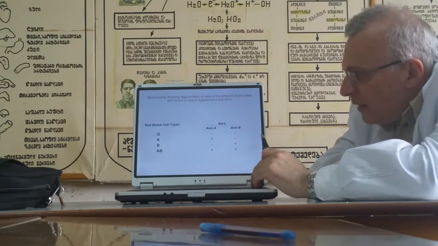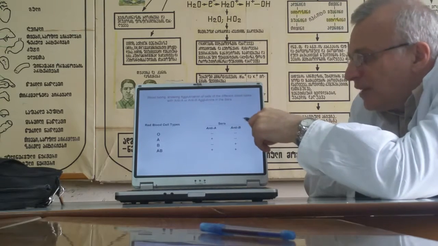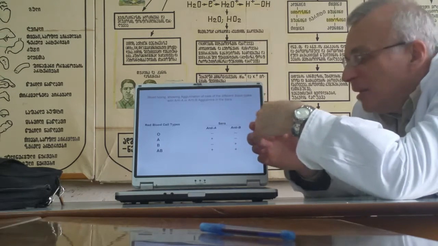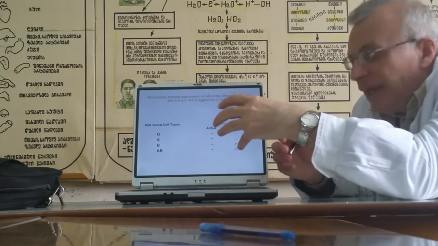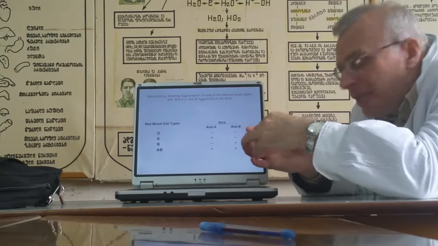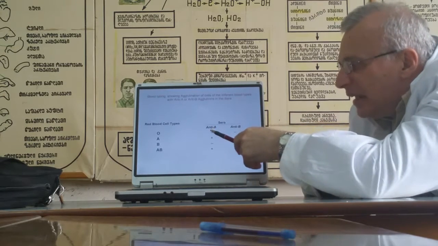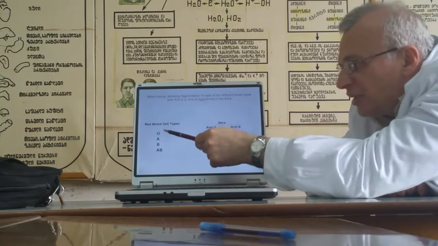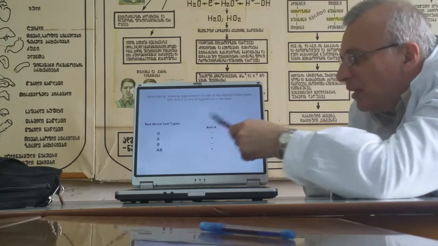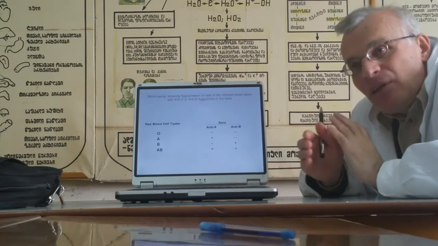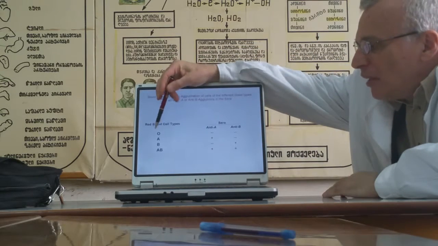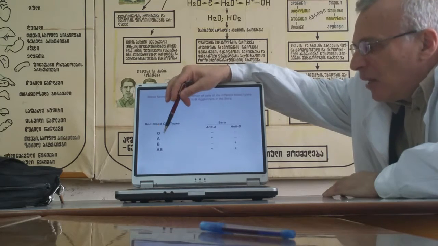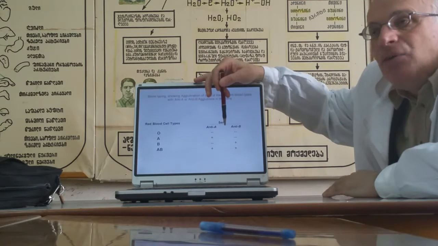This shows you the situation when we meet blood donors and recipients. For example, experimentally, when we have anti-A and anti-B agglutinins in the sera and agglutinogens in the donor blood, in which cases do we have agglutination? In this situation we have no agglutination, because here are agglutinogens and here are just agglutinins, no problem.